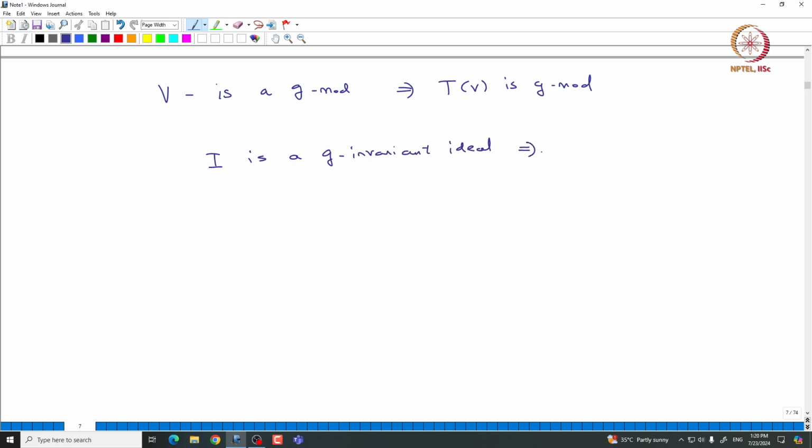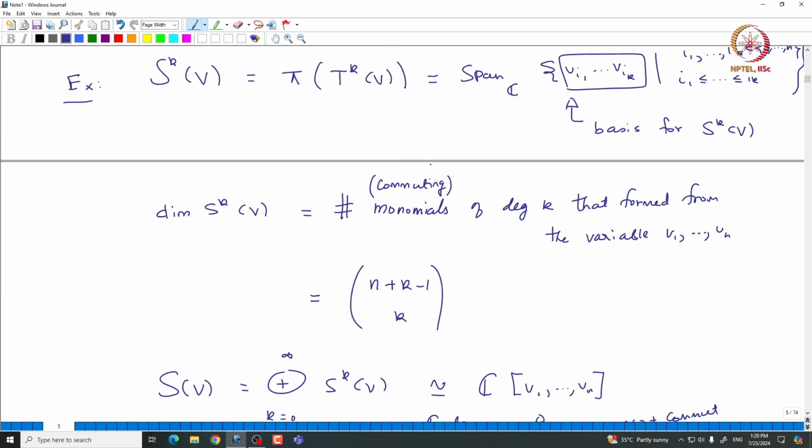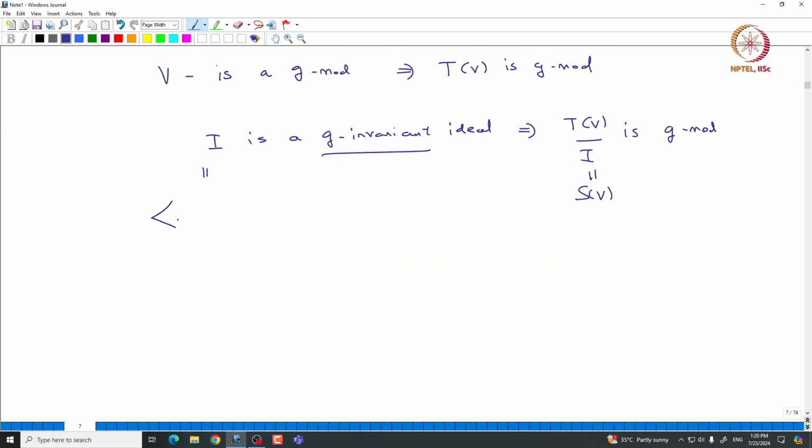So, that implies that when you go modulo that ideal, again you get a G module, which is S of V. Okay. So, how can one actually verify that it is G invariant? This is a two-sided ideal generated by V tensor W minus W tensor V, where V and W come from capital V.